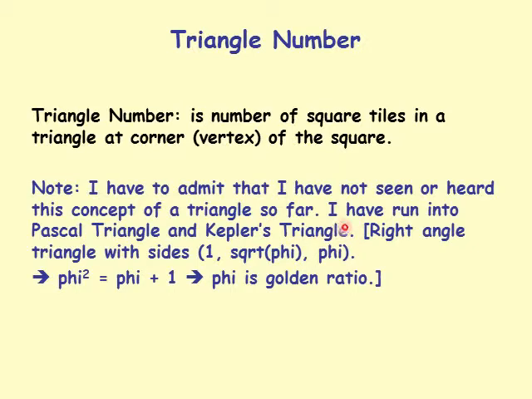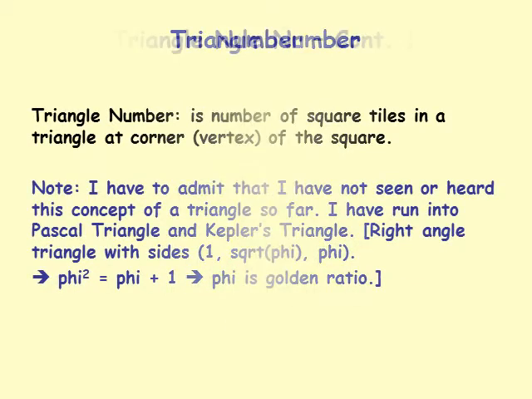The Kepler triangle is a right-angled triangle with sides of 1, square root of phi, and phi. From the Pythagorean theorem, we know phi squared equals phi plus 1, which is the equation of the golden ratio. So phi must be the golden ratio. Let's continue.